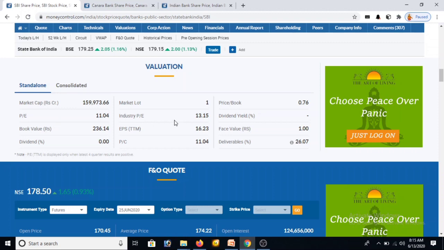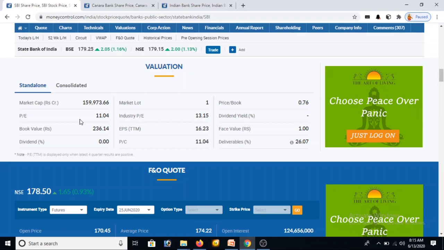That means the price of SBI is a bit better than that of other companies which come under the same industry. So this means the price of SBI is a bit under, or underpriced. Now we have to compare the PE of the present company with that of peer companies.